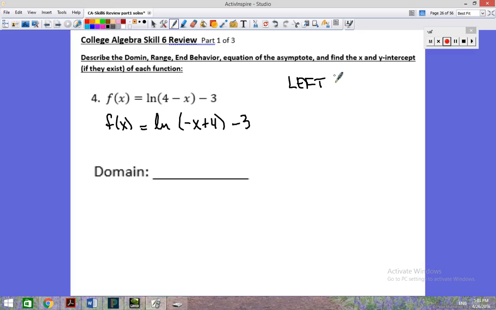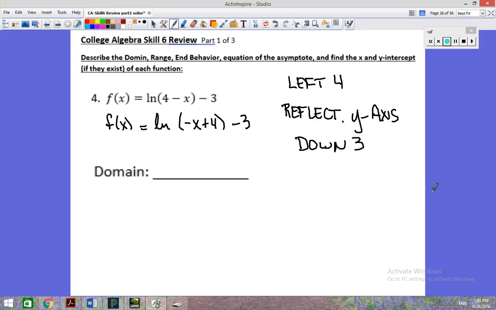It's to the left 4 units. The negative sign is a reflection, and you have to determine whether it is a reflection across the x-axis or the y-axis. If you're taking the opposite of x, what was to the right is now to the left. You're reflecting across the y-axis. And this minus 3 on the outside of the parenthesis, you're going down 3.